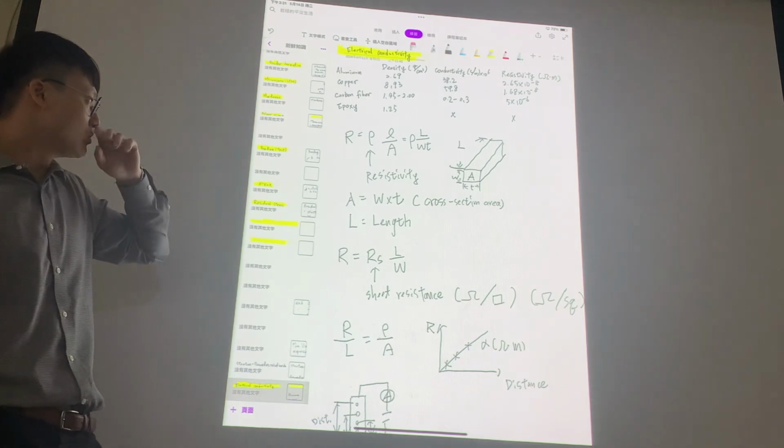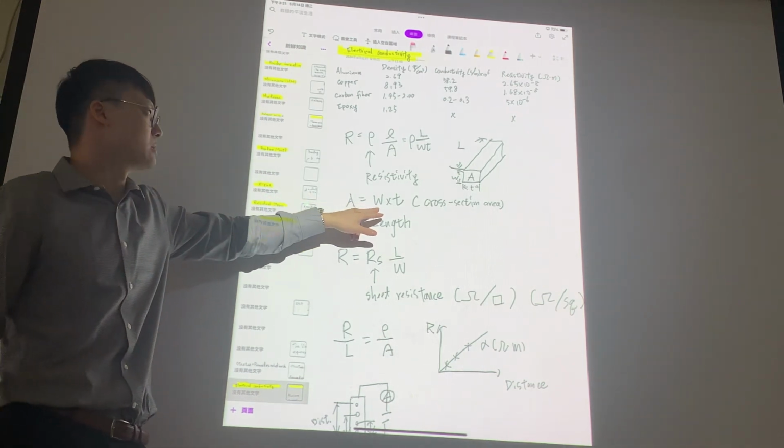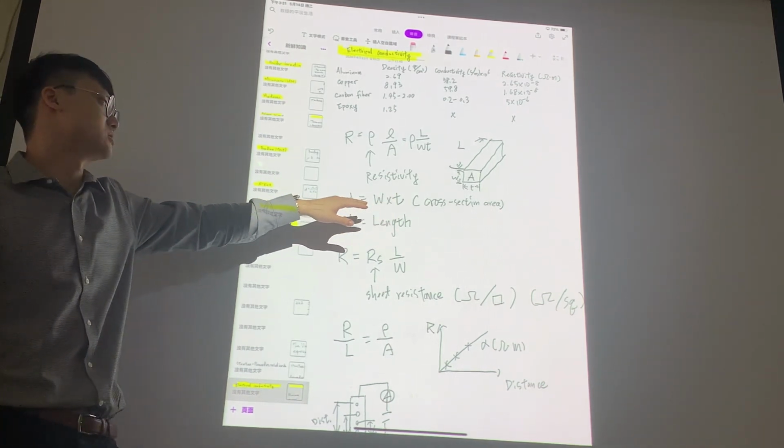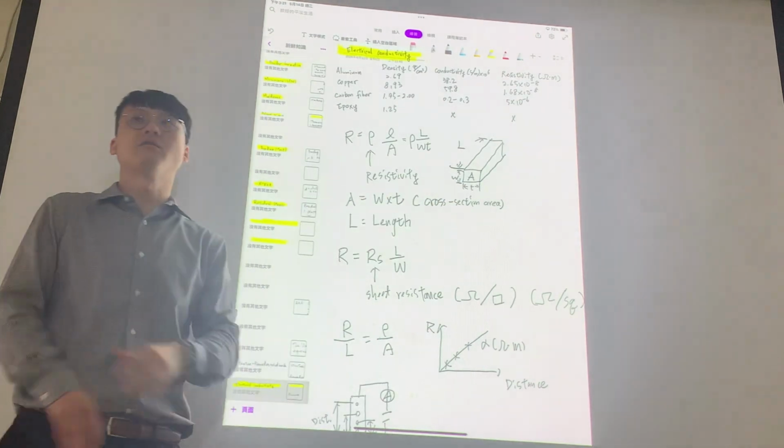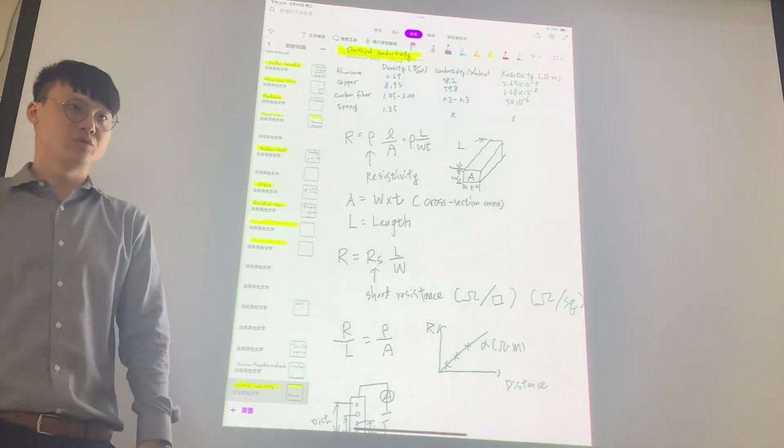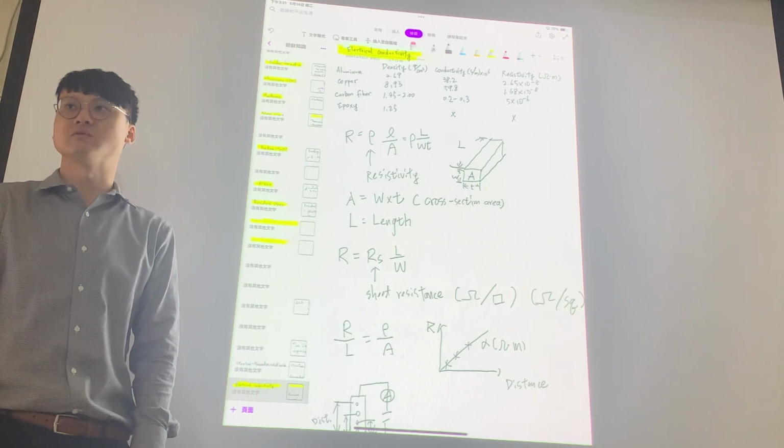So let's move on. A over here is W times T, which I already stated. It's the cross-section area. All the specimens, I'm sure, have a thickness, right?